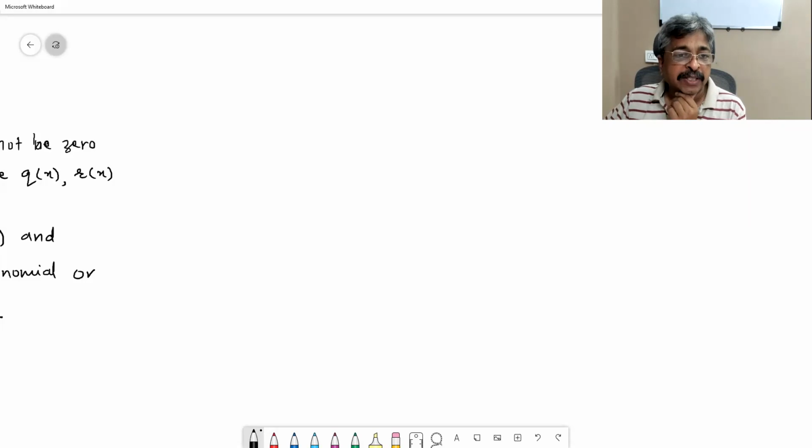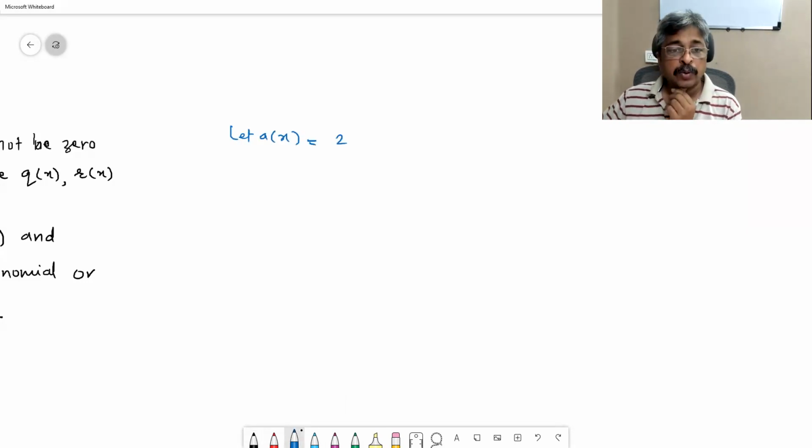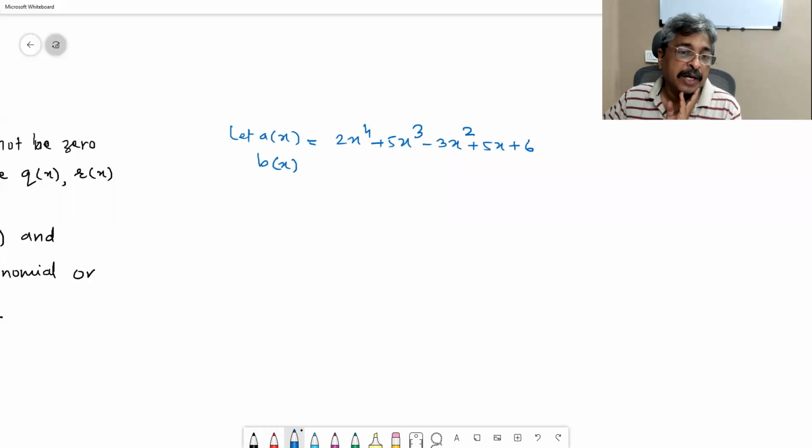So let a of x be 2x raised to 4 plus 5x cube minus 3x square plus 5x plus 6 and the divisor polynomial be x square plus x plus 2.